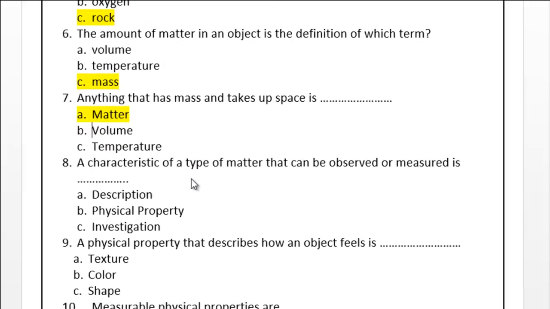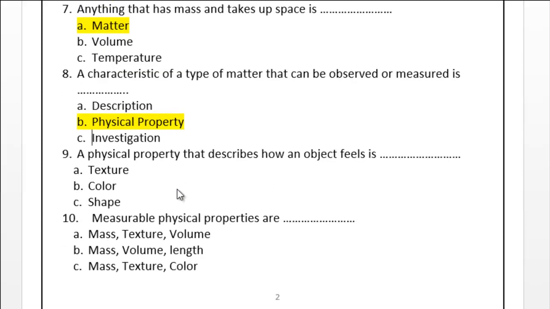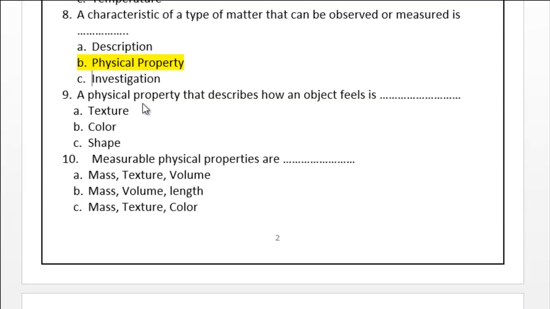A characteristic of a type of matter that can be observed or measured is called a physical property. Number 9. A physical property that describes how an object feels is, that's right, texture. Measurable physical properties: I told you that we have physical properties that we can observe and other physical properties we can measure.